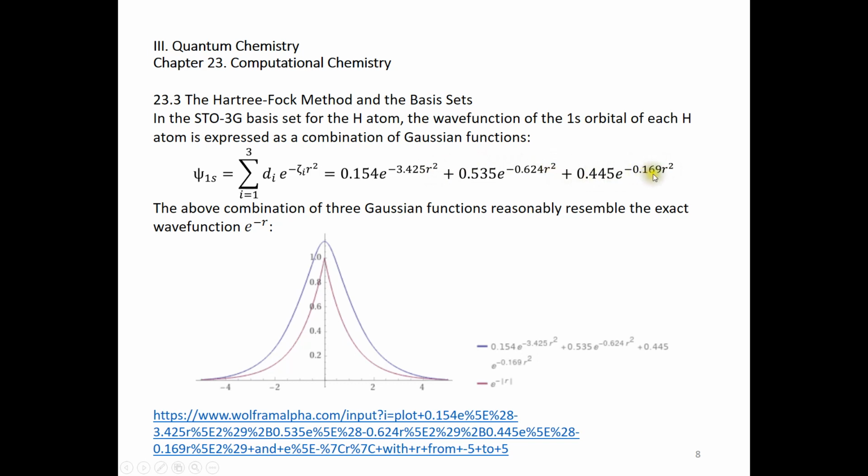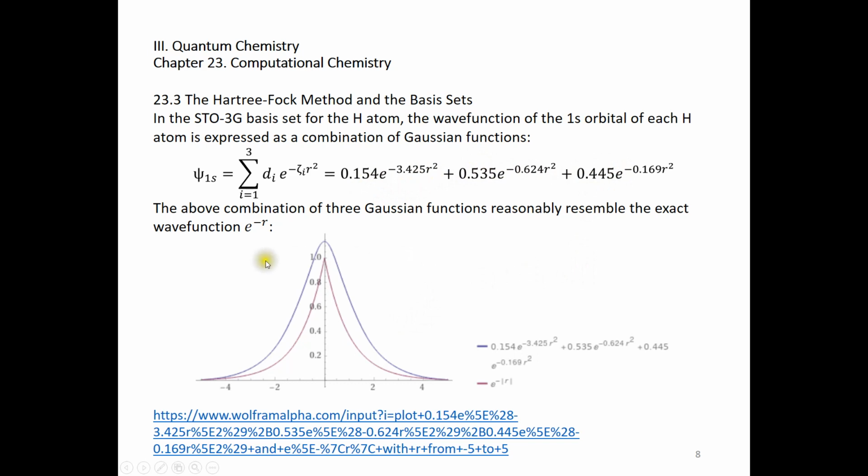So these 3 Gaussian functions have different distributions. Over here we have -3.4, therefore this Gaussian function is very tight with a narrow distribution. And here this Gaussian function has a wider distribution. And then we put some coefficients in front of those Gaussian functions and pre-optimize those coefficients as well.